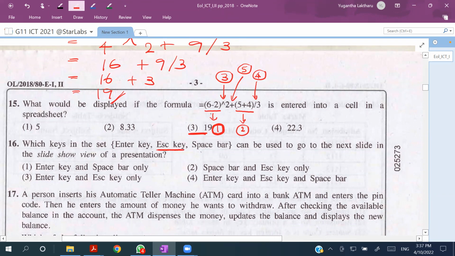It's going to end the presentation. So escape cannot be there, right? Since there are other two options where they got the escape key, it is wrong. Here they got escape, it is wrong. Here they got escape, it is wrong. So the first one is going to be the answer.